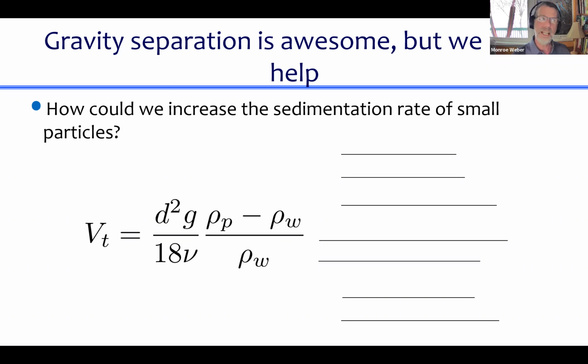You can use this equation as a guide, because every single term in it provides an opportunity to do something. Every term except the 18. You can't mess with the 18, but everything else you can. So what might you do to increase the sedimentation rate of small particles?